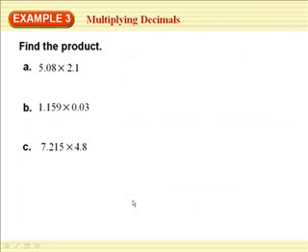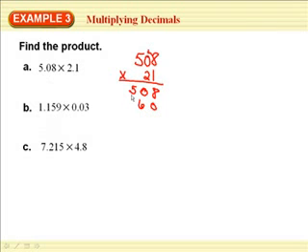Okay, so let's find some products right here. In this example, let's do what we just practiced. So I just take the numbers and I write 508 times 21. I take the number that has the most digits and put it at the top. So I just multiply. That's 8, that's 0, 5 times 1 is 5, put a placeholder, 16, carry the 1, 5 times 2 is 10, add those up.